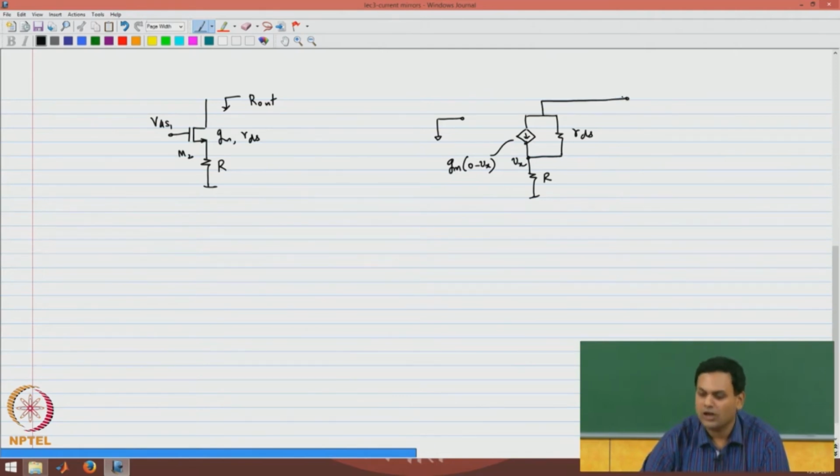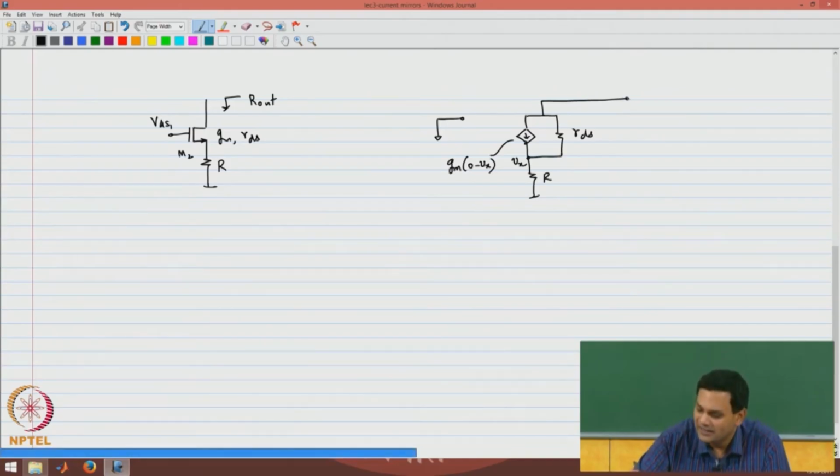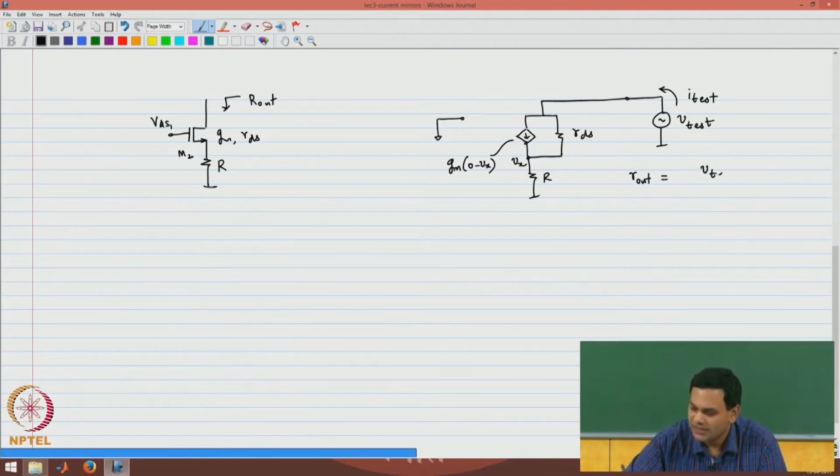I want to find out the output resistance looking in from the drain of the transistor M2, and the way I do that is I am going to connect a small signal test voltage V test, and find out what the current drawn by the circuit is, so that my small signal output resistance, which is also the Thevenin resistance, can be calculated as V test by I test.